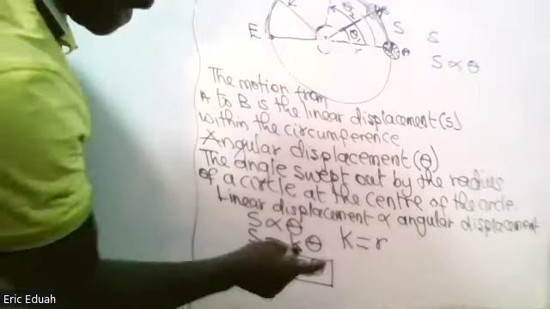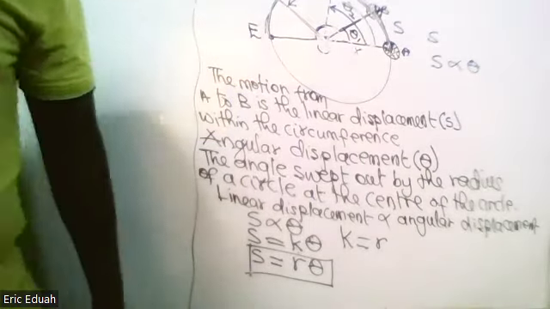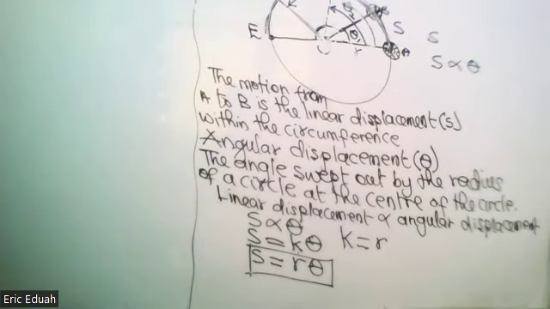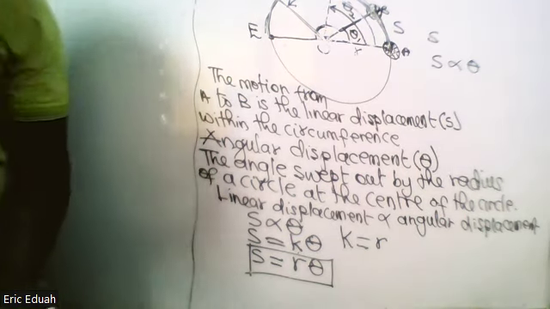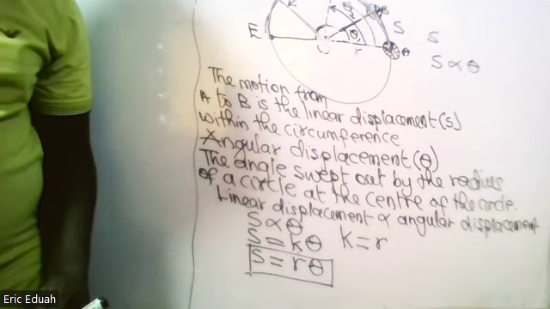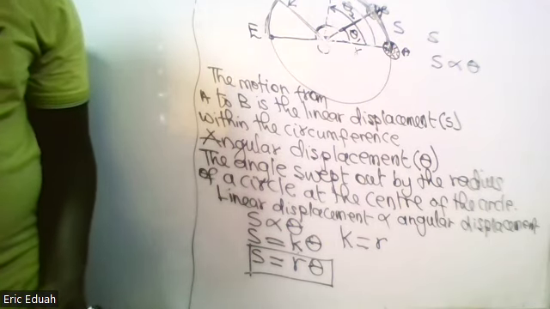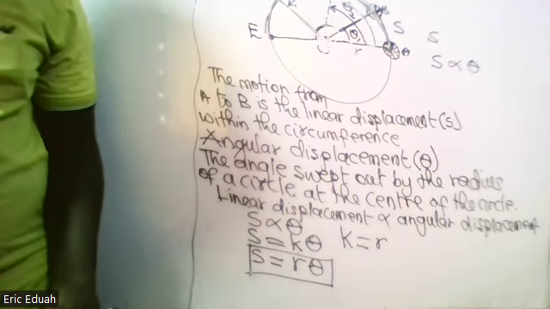Don't forget that R is constant, which is the radius of the circle. If you have any question, please ask.